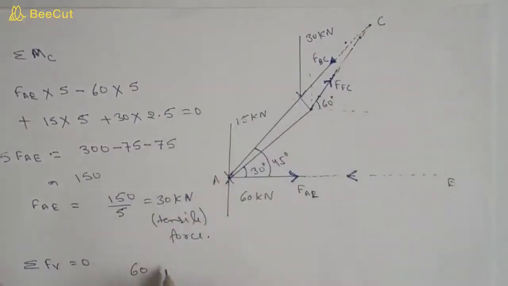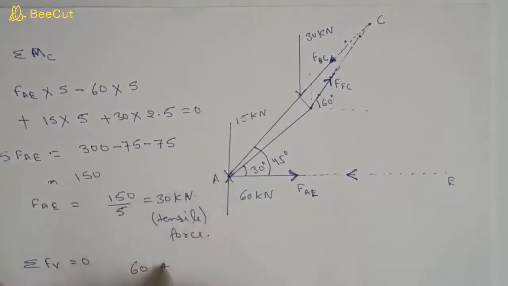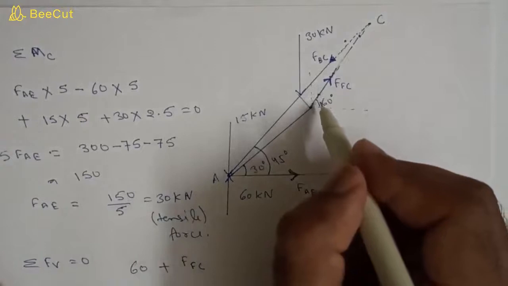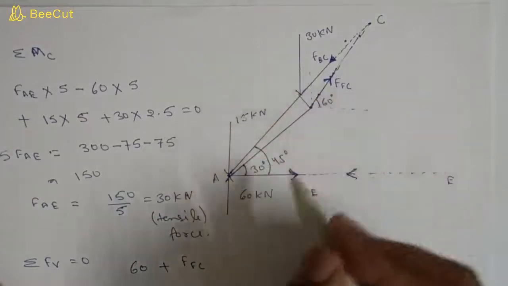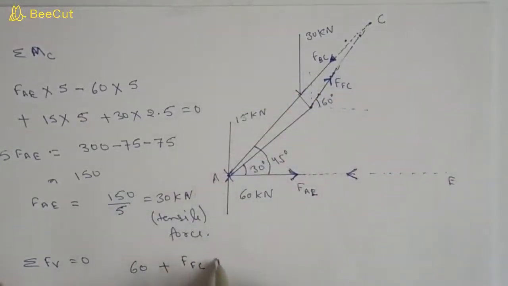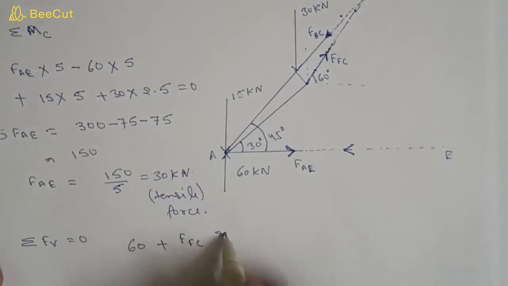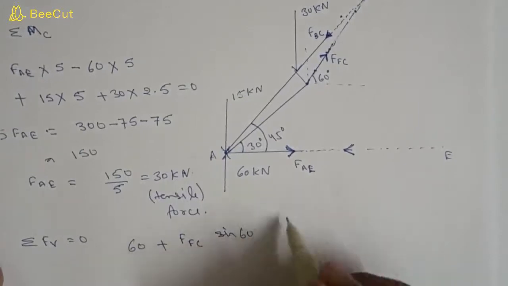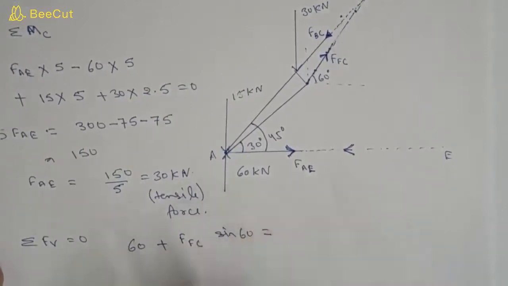So 60 kilonewton plus FFC into its vertical component, FFC into sine 60, is equal to the sum of all the downward forces.